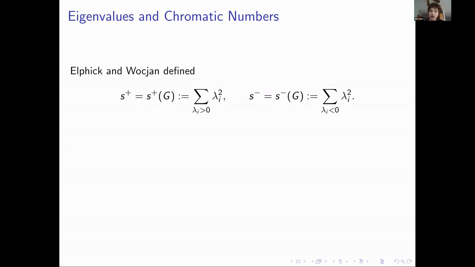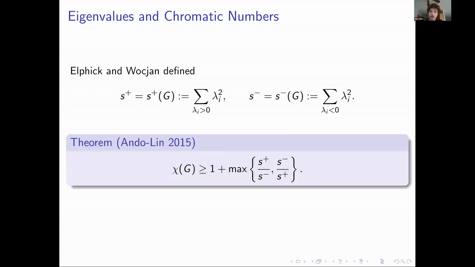And these concepts were introduced by Helfig and Witchen, and they conjectured that there exists a bound on the chromatic number that you can write in terms of these quantities. And this was proven a few years later by Ando and Lin, who showed that the chromatic number of a graph is always at least 1 plus the ratio of these S plus and S minus quantities.